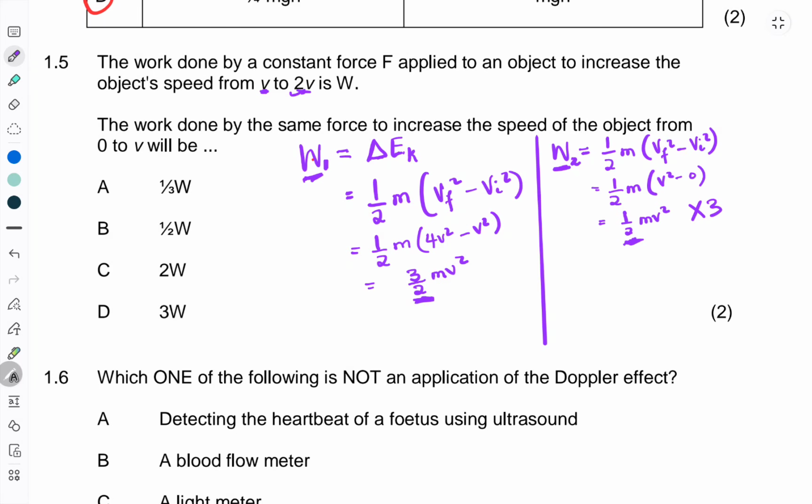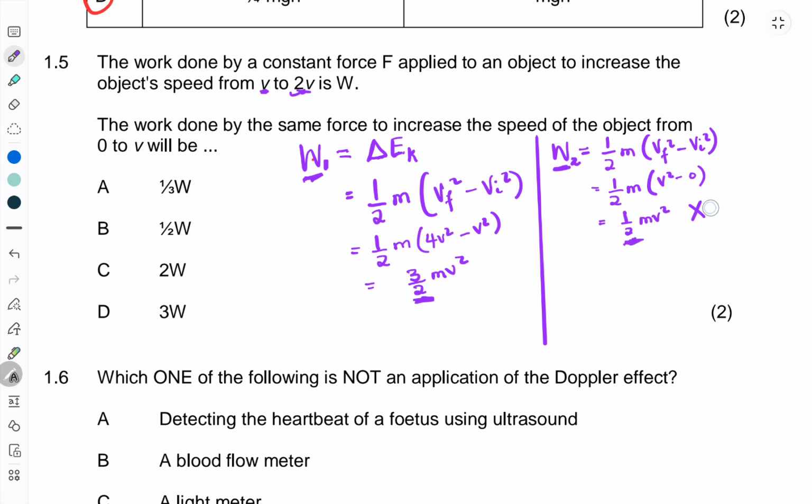So what that means is the work done by the constant force when it changes the car speed from 0 to V is about 3 times less than the work done by the same constant force when it changes the object speed from V to 2V.